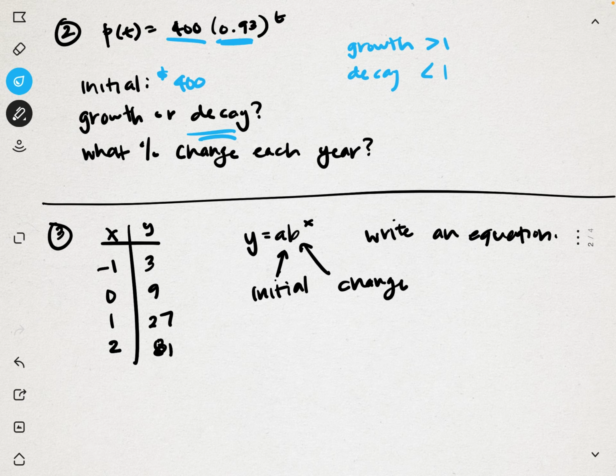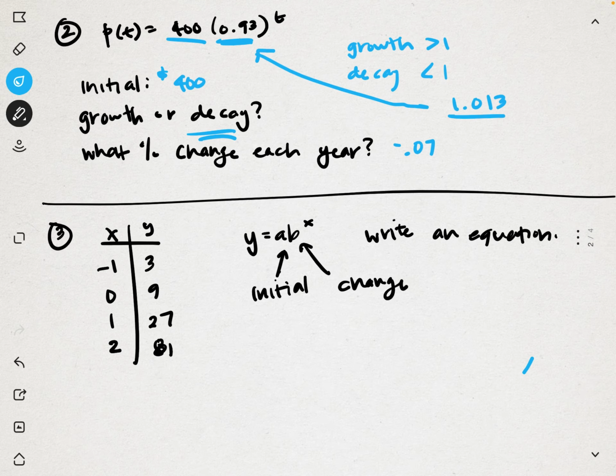And then it's asking what percent change each year. So the percent change from the inside is going to be the difference from 1. Notice this is 0.93, which is a 0.07 negative change, right? Because it's negative 0.07 away from 1. Now, if it were something bigger, like 1.013, then this would be a growth, right?